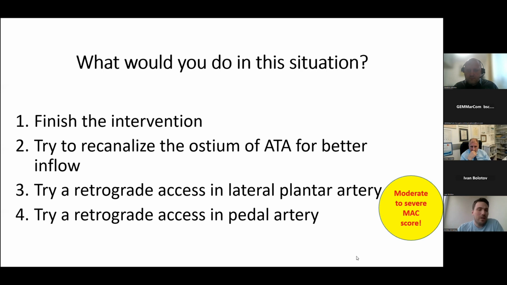In my mind, I had 4 options to finish the intervention: try to recanalize the ostium of the anterior tibial artery for better inflow, or try retrograde access in the lateral plantar artery or the pedal artery. And I want to remind you that the patient has a moderate to severe MAC score with calcification of both the pedal and lateral plantar arteries.